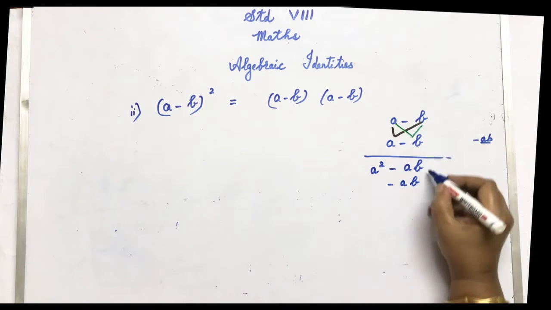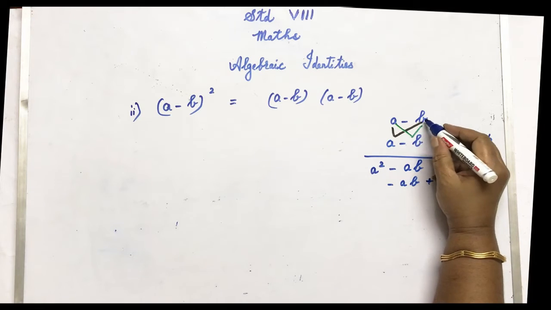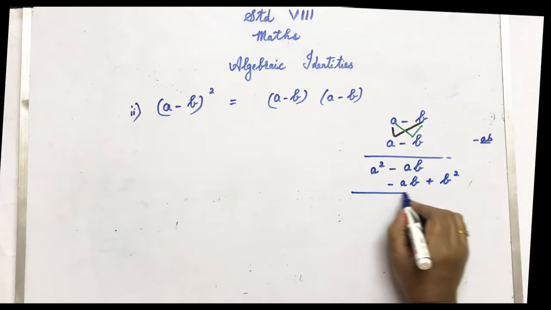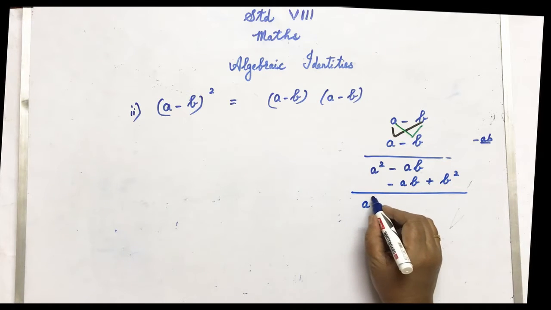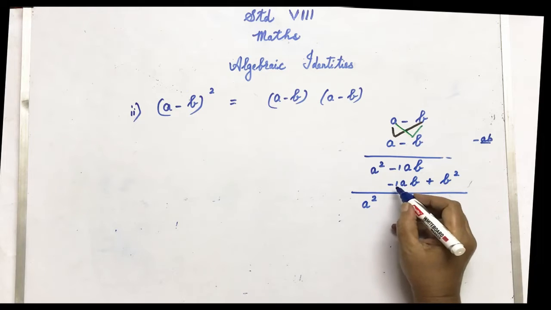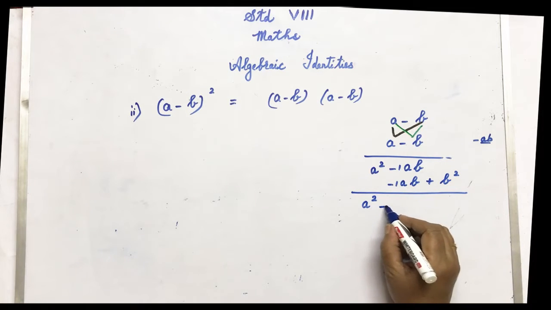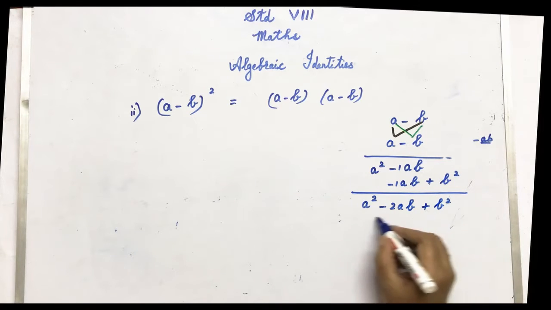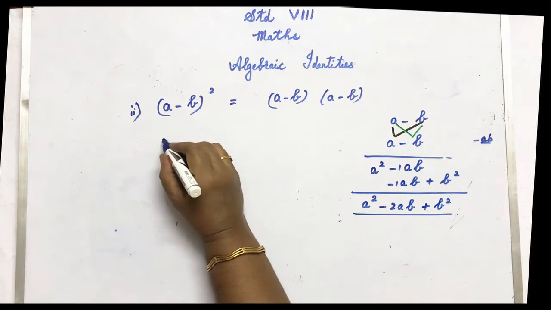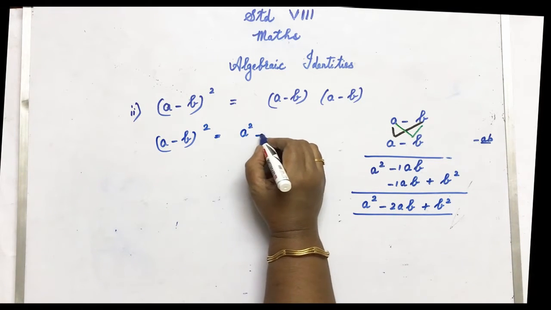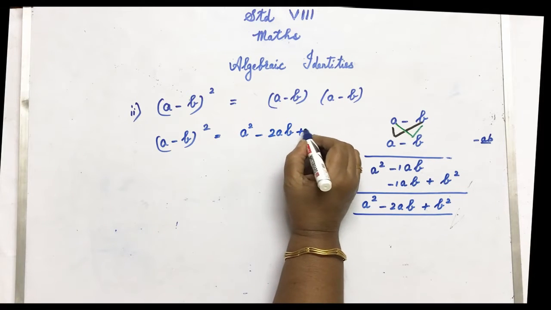Minus into minus is plus, so if we multiply b and b, we get b squared. Now we have to add. Here we get a squared. The coefficient here is 1 and here also 1. Both have the same sign, so if we add, we get minus 2ab and here plus b squared. So (a minus b) whole squared is equal to a squared minus 2ab plus b squared.